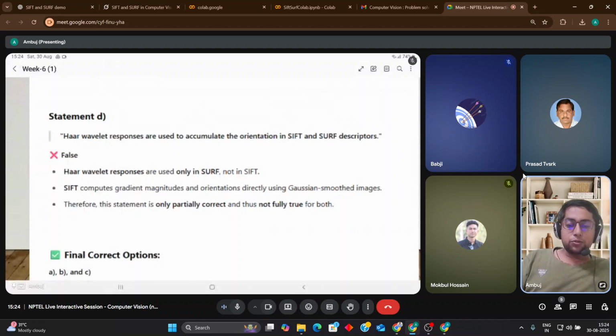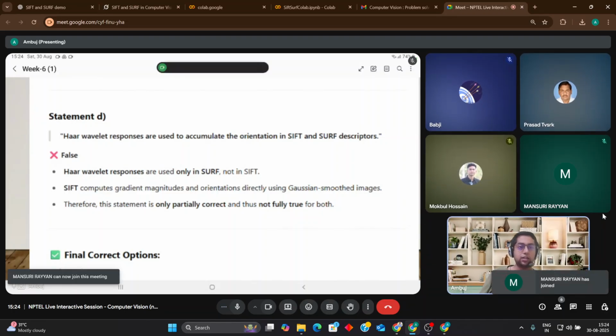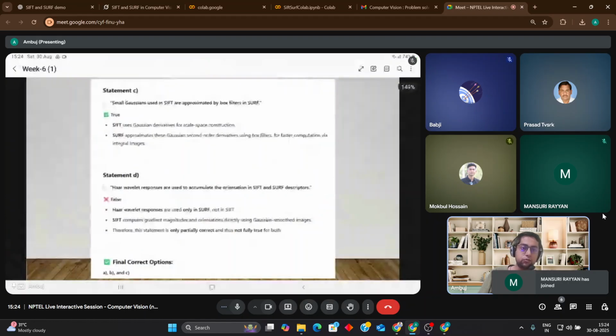Because Haar wavelet responses are only used in SURF, they are not used in SIFT. SIFT computes the gradient magnitudes and orientations directly using Gaussian smoothed images. So this statement is only partially correct and not fully true for both. The correct options would be A, B, and C.